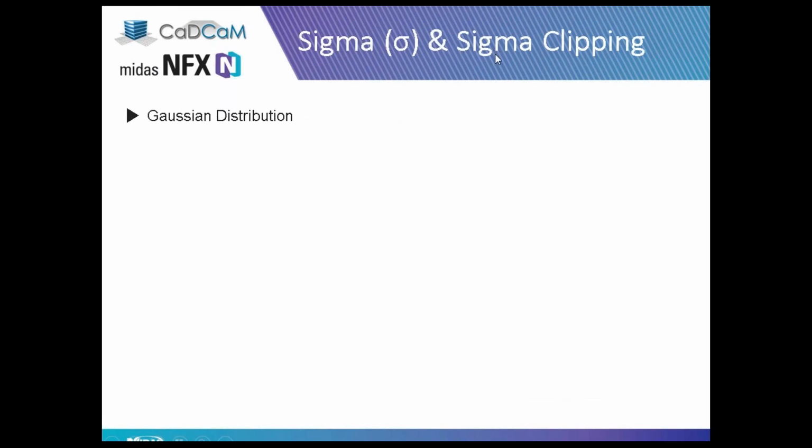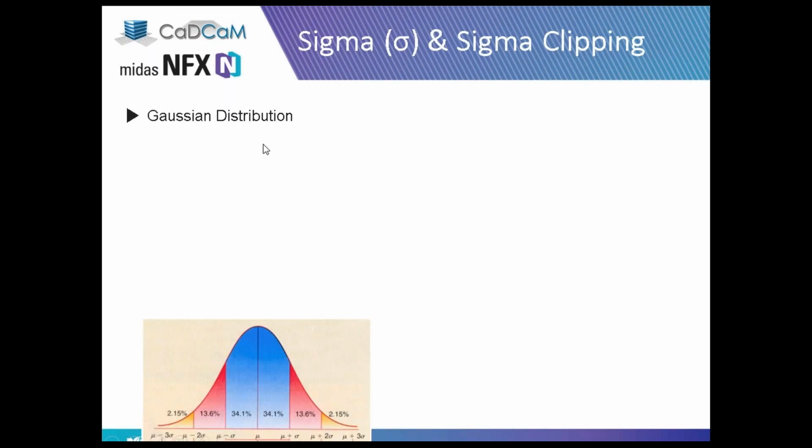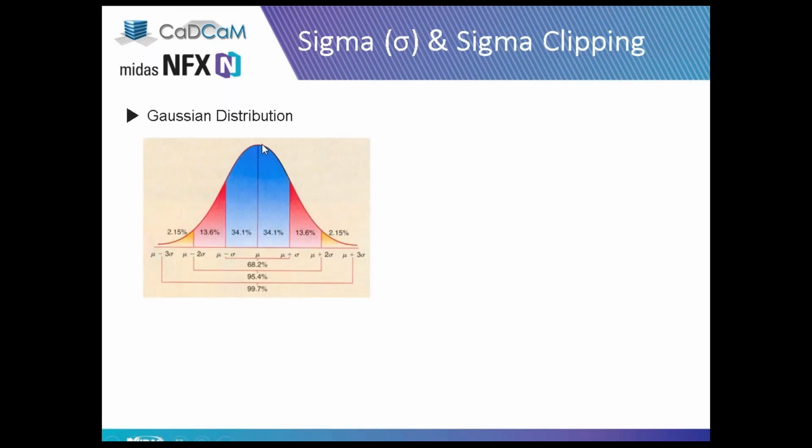The Gaussian distribution and sigma clipping. So let's elaborate what the following percentages are. 68.2% defines plus minus 1 sigma, which is the lowest time that the system is exposed to.